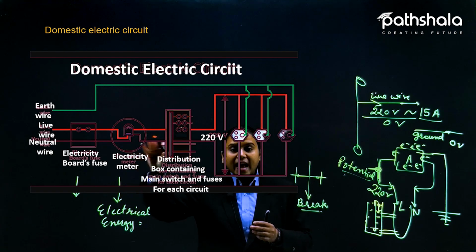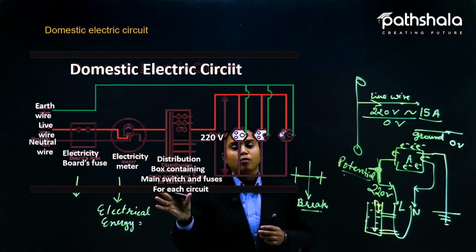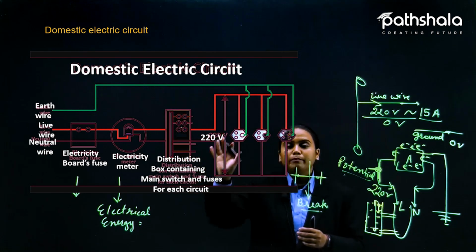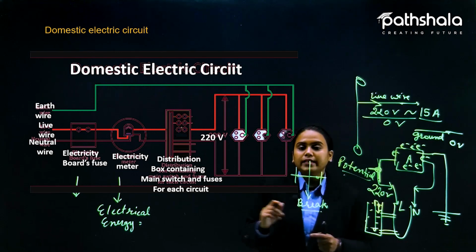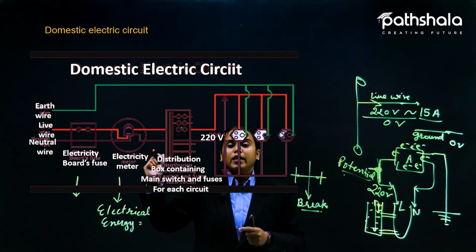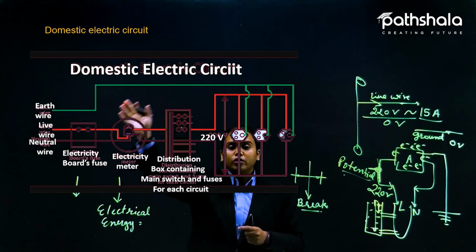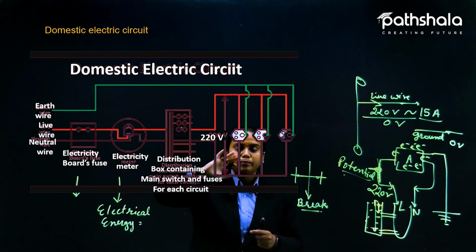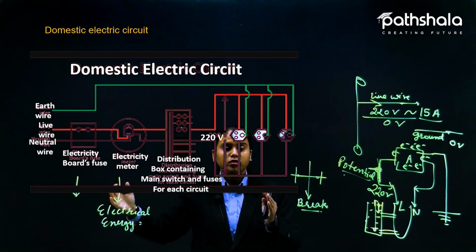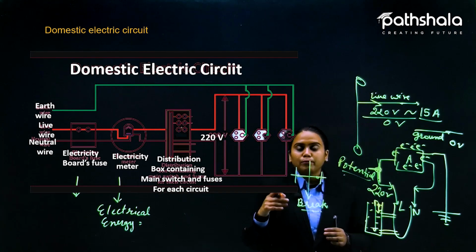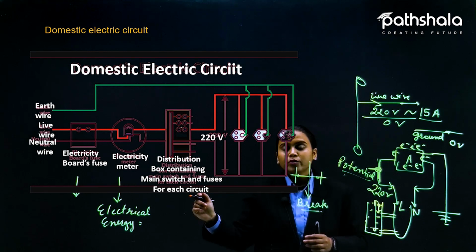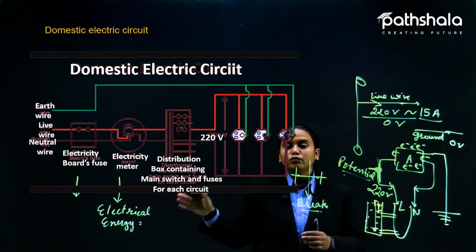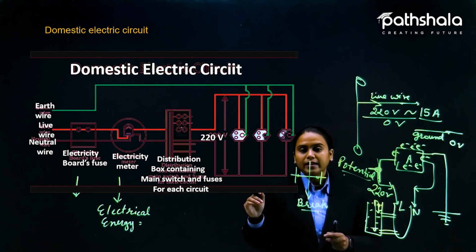That is now attached to the distribution box, which contains the main switches and a fuse for each circuit, and also a main supply fuse, so it protects the whole meter and everything that comes inside the house. But we can also put a fuse for a particular appliance. So here the main switch and the fuse for each and every circuit are provided.